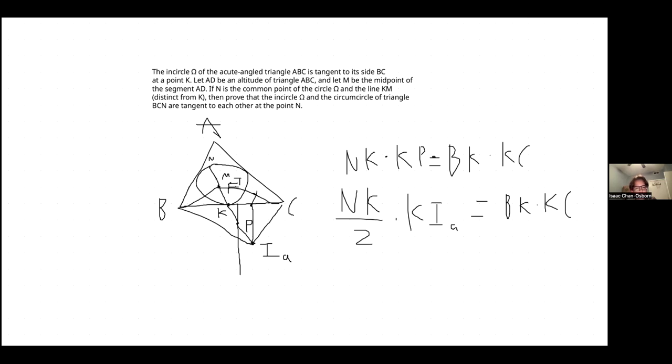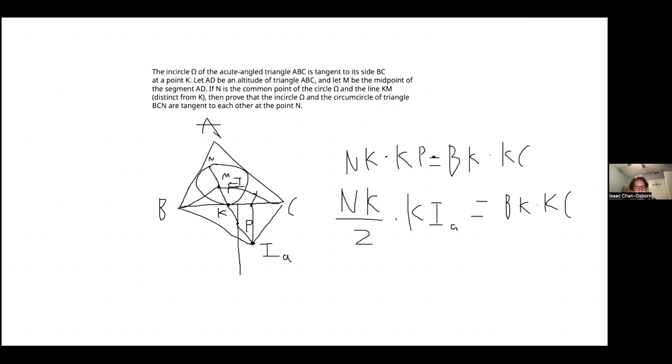However, we also know that because NK is a chord and F is the midpoint of the chord, then IFK must be a right angle, and therefore so will IFIA.